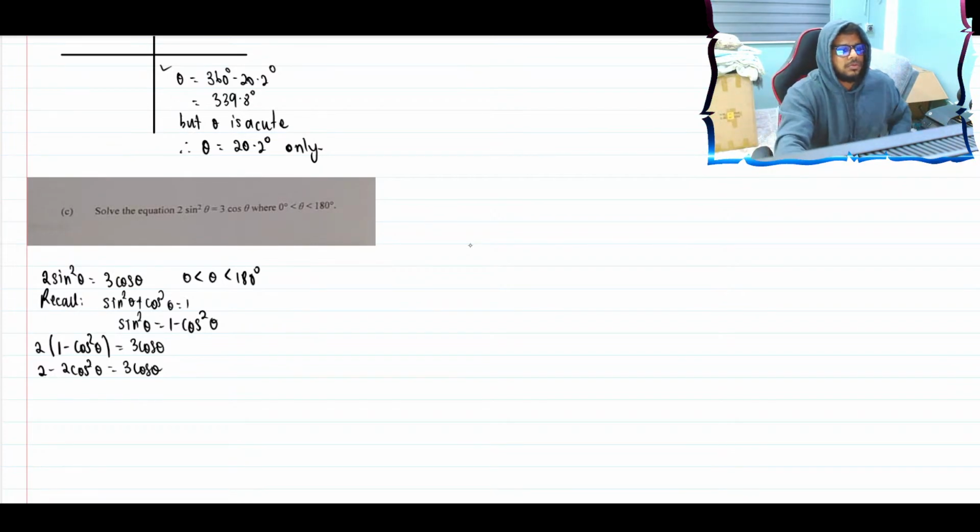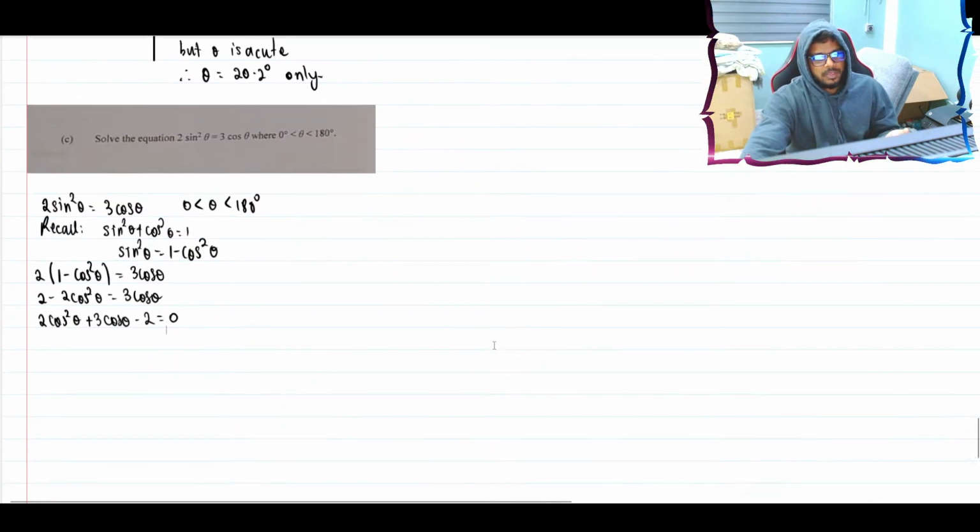Moving everything to the right hand side, I will get 0 is equal to that, which is the same thing as saying that is equal to 0. So I'm going to end up with 2 cosine squared theta plus 3 cosine theta minus 2 is equal to 0.